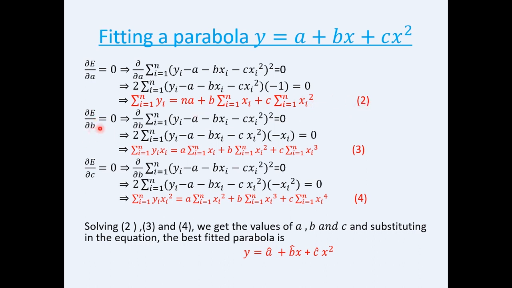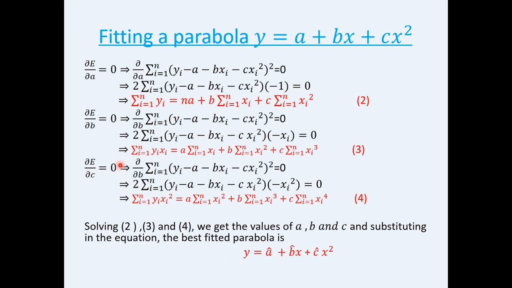Partial E by partial b is equal to 0, partial derivative of E with respect to the parameter b, which implies summation yi is equal to a into summation xi plus b into summation xi square plus c into summation xi cube, equation number 3.